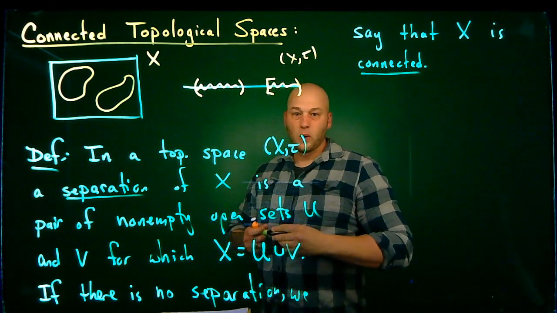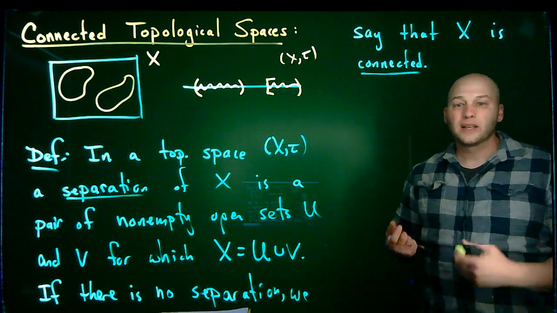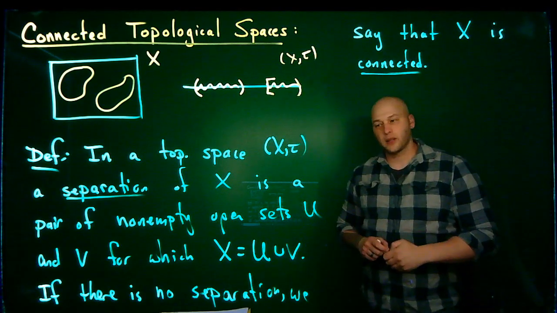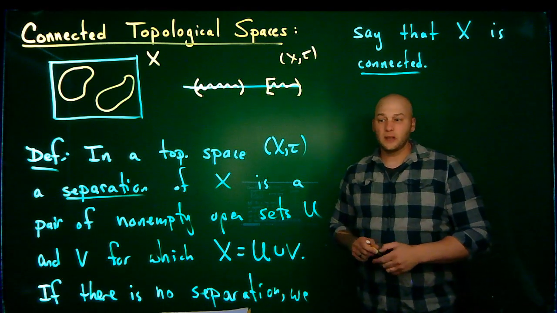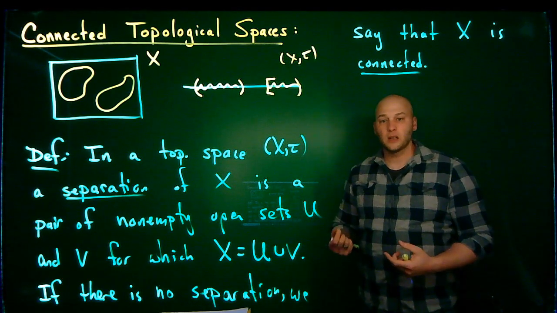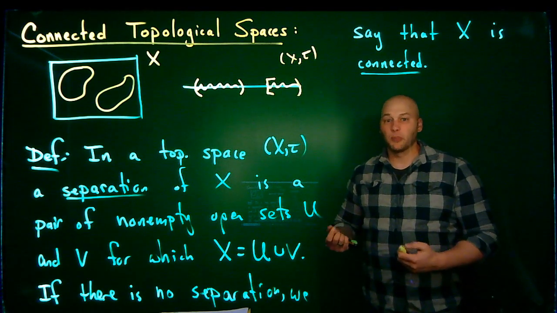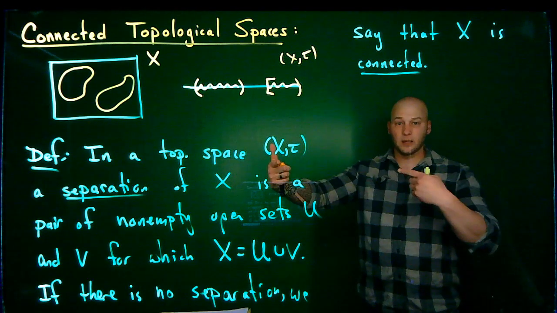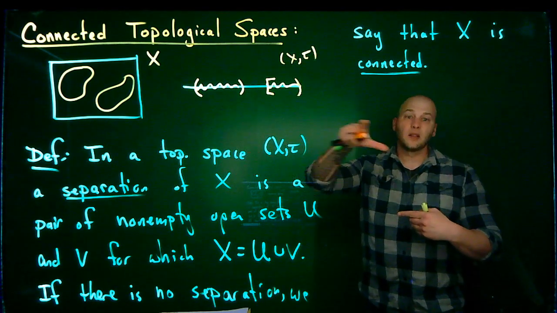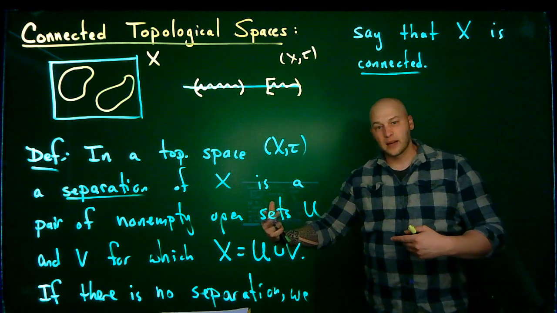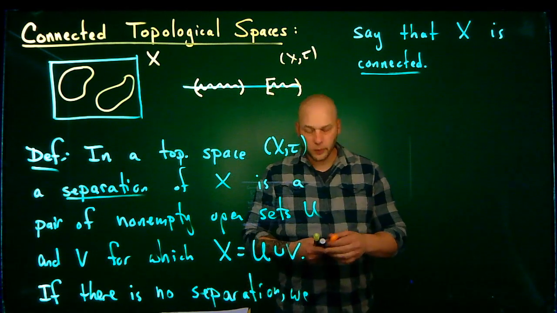So a connected topological space is one in which there is no separation of the set X. Notice that the notion of connectedness is written in terms of the topology of the space, meaning it is a topological property. If I have two spaces that are homeomorphic to each other, then if one is connected, the other one is connected. If one is not connected, then the other one is not connected as well. Okay? Let's take a look at a specific example.